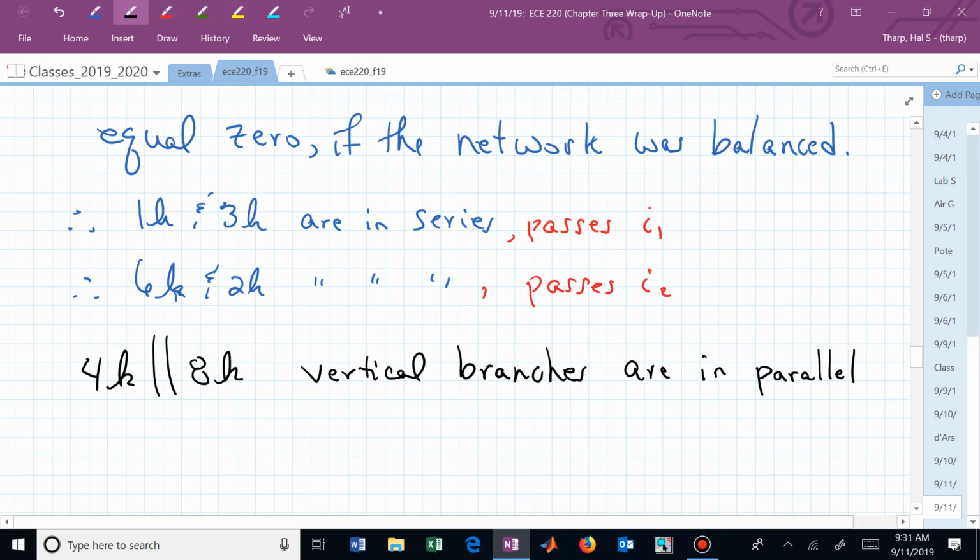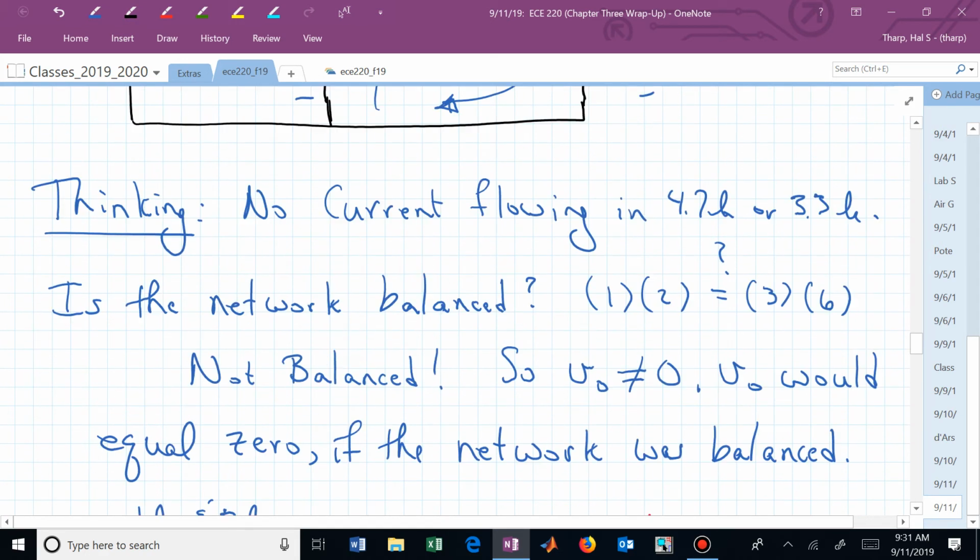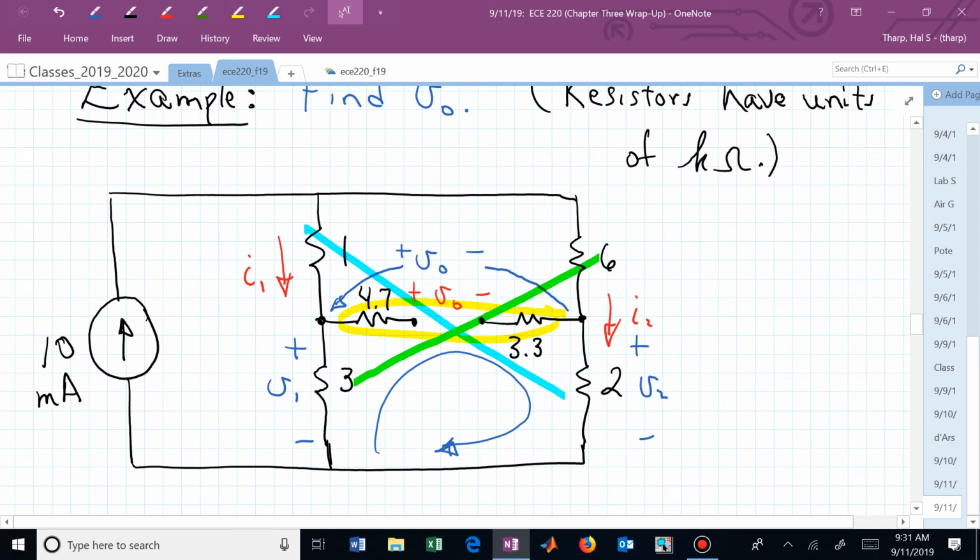And those vertical branches are in parallel. Now that we see that we have two parallel branches with a current source, we have the standard current divider scenario.